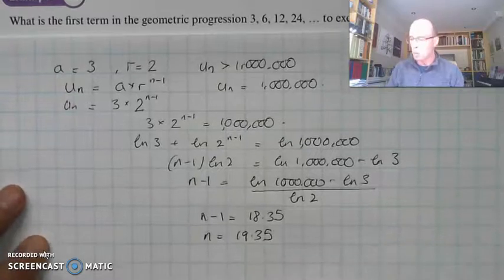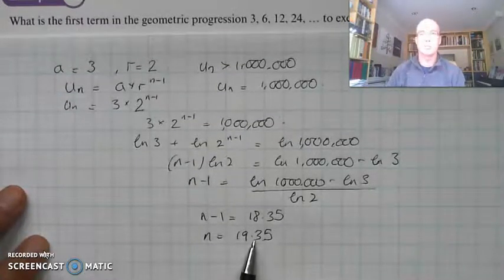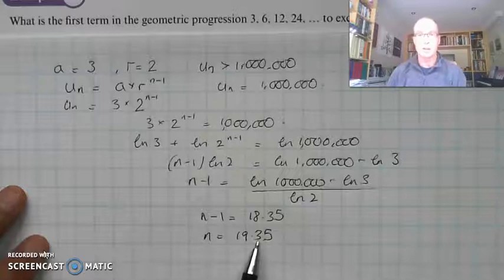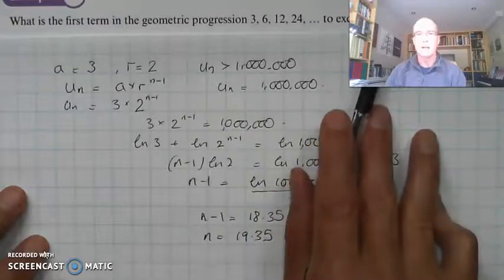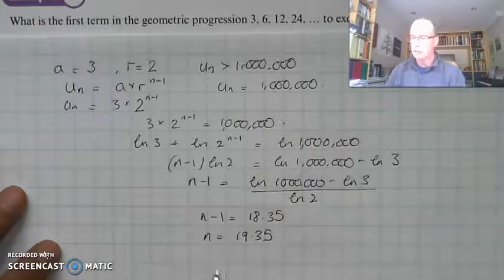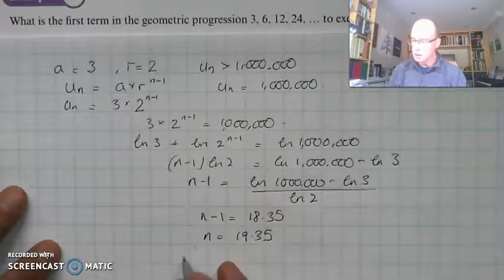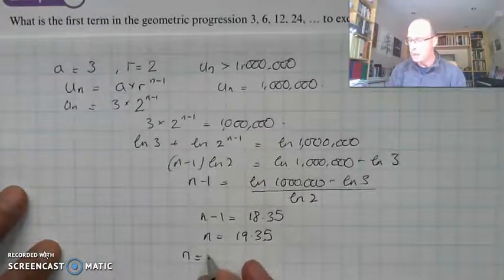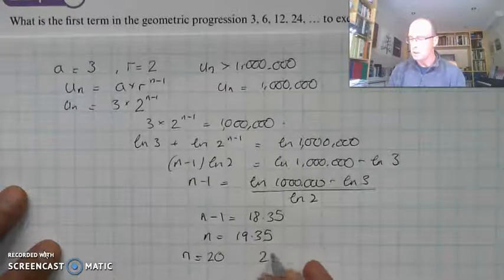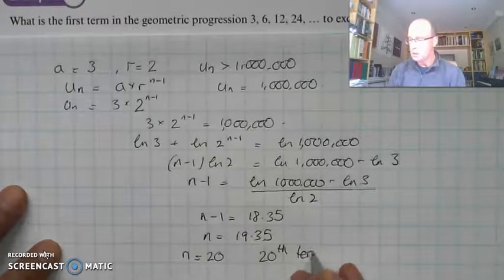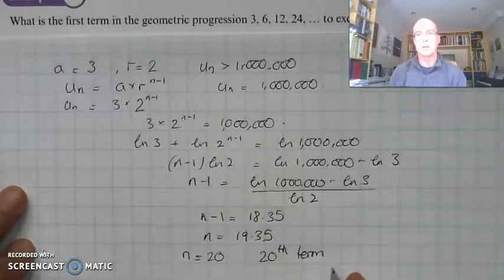So the 19.35th term, if I could actually get at it, would be equal to 1,000,000. So the first term to exceed 1,000,000 is going to be when n is equal to 20. So the 20th term is going to be the first one to exceed 1,000,000.